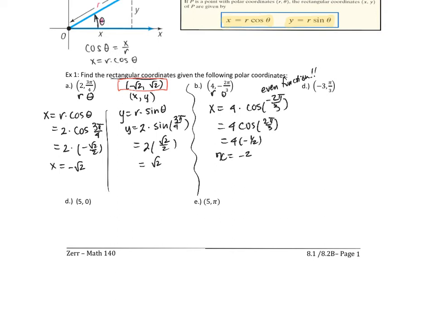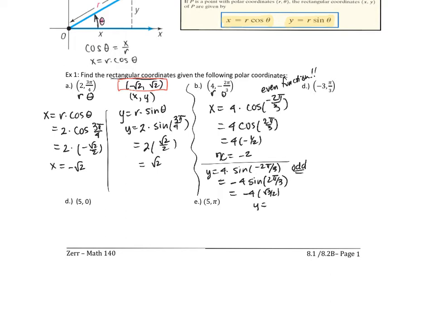And now I need to get my y. y equals 4 times sine of negative 2 pi over 3. But sine is an odd function, so this would be the opposite of sine of 2 pi over 3. So that would give us negative 4 times sine of positive 2 pi over 3, and that simplifies down to negative 4 times square root of 3 over 2.